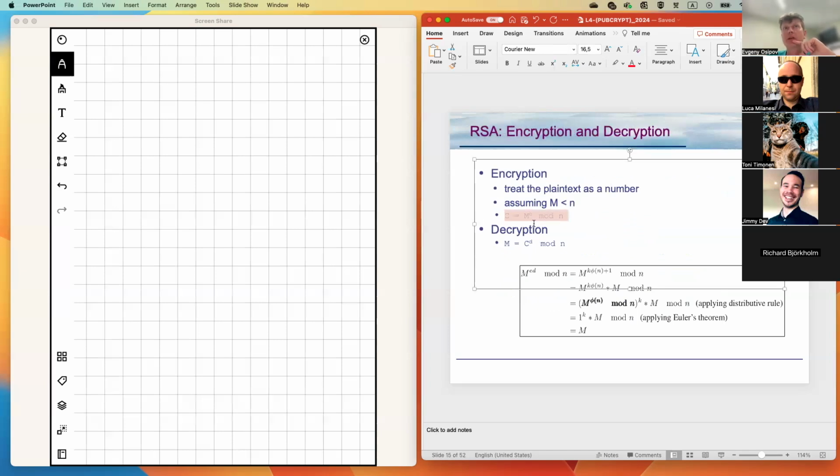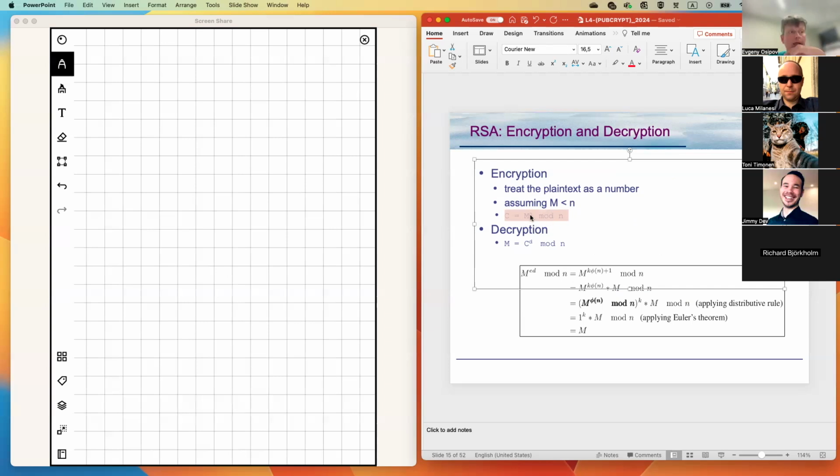So the encryption itself is another hard to compute problem. So it means that knowing C and knowing n, you cannot take the inverse of this. And remember, yesterday we considered a couple of cases where it is possible.